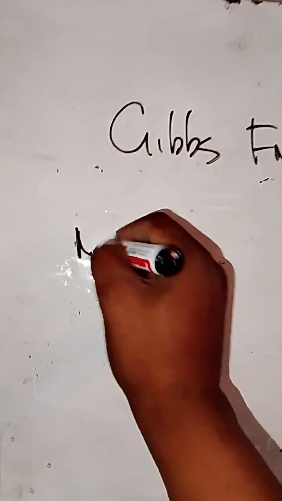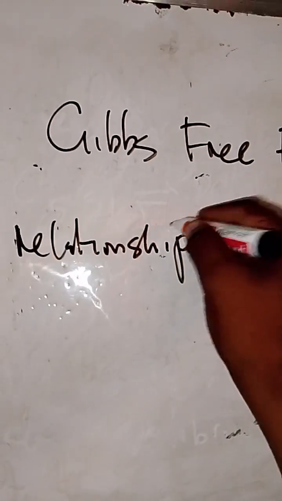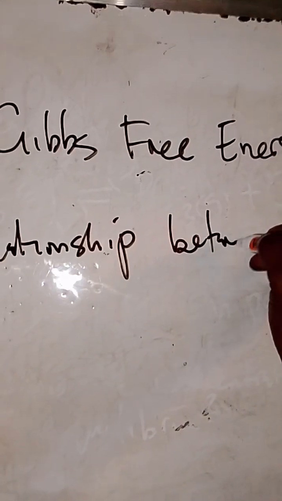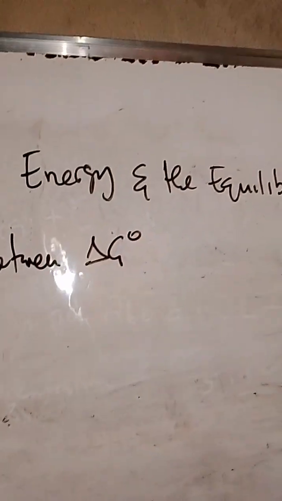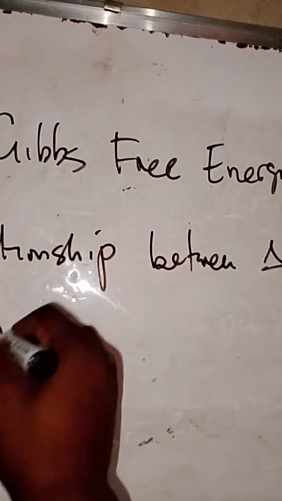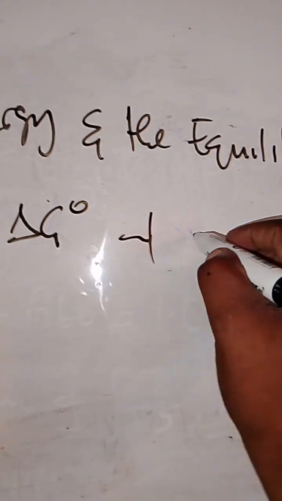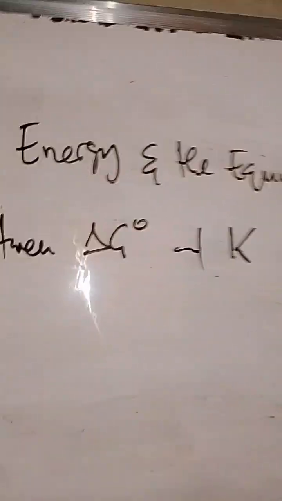The relationship between Gibbs free energy, delta G naught, and K is as follows.